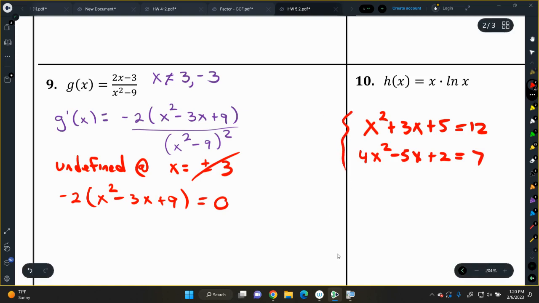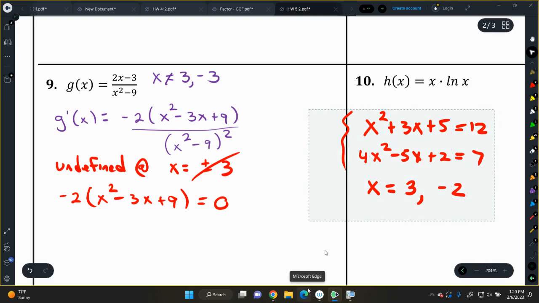You can simply say x is equal to, I don't know, 3 or -2. You don't have to show the algebra. You can graph it and calculate the intersection, but that takes a little more time than using the app, if you have the app.